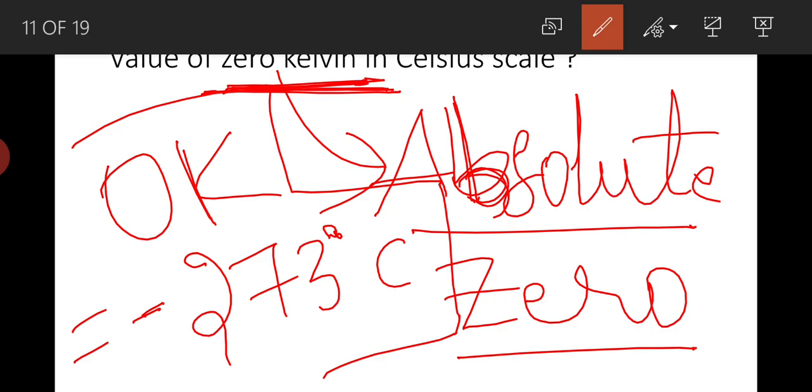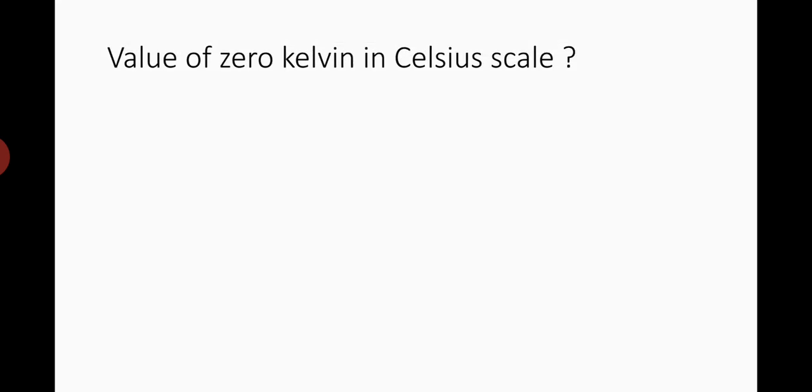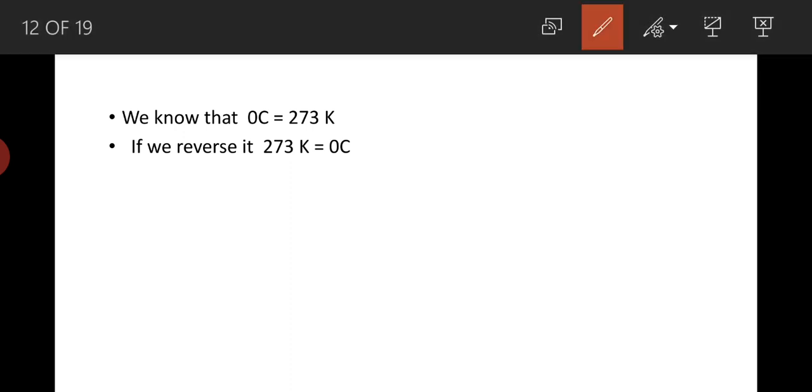We can also achieve this by using the formula. We know that 0 degrees centigrade is equal to 273 Kelvin. Now let us reverse this equation. If you reverse it, 273 Kelvin is 0 degrees centigrade.